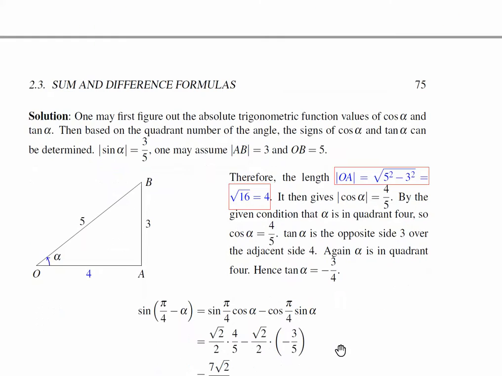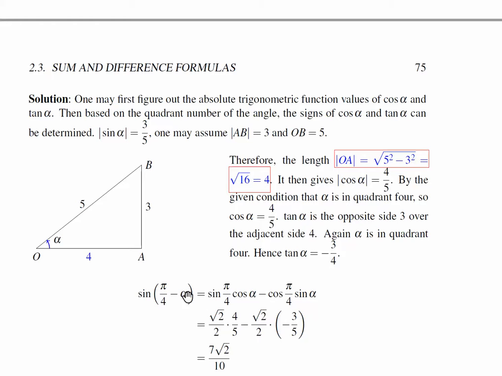Now we're going to do something here. We want to find out sine of pi/4 minus alpha. And then we're going to use the difference formula for sine. One angle pi/4 minus another one, alpha. When you use the formula, you can read it as sine, cosine, cosine, sine.